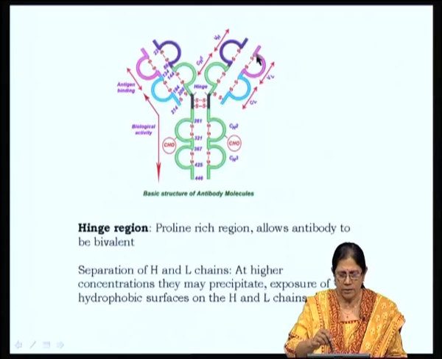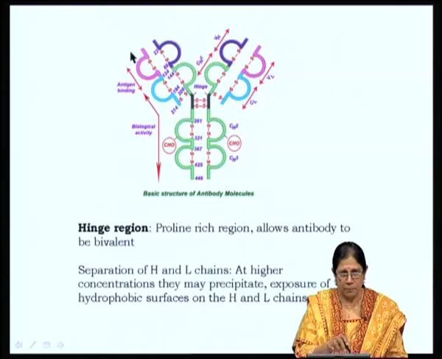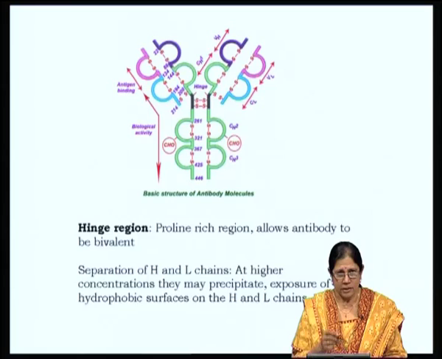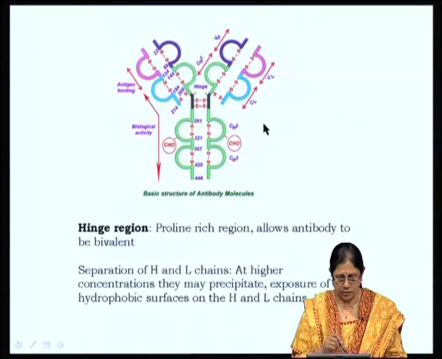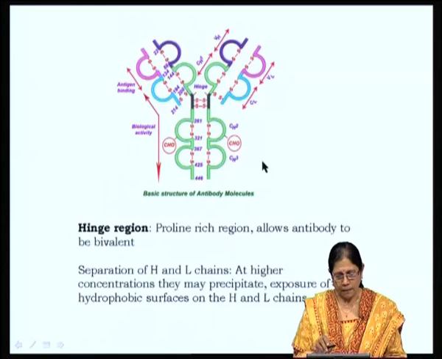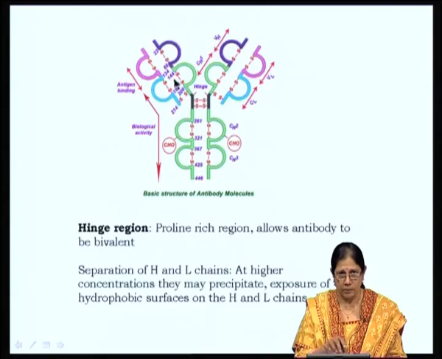Now, if one is occupied, the other one may experience steric hindrance, by which it will not be able to make contact with another molecule of antigen or the same epitope on the same antigenic structure. Therefore, nature has it that the hinge region is very flexible and allows sufficient movement of the 2 Fab molecules for efficient binding to antigen, so that an antibody molecule can be at least bivalent in its function.